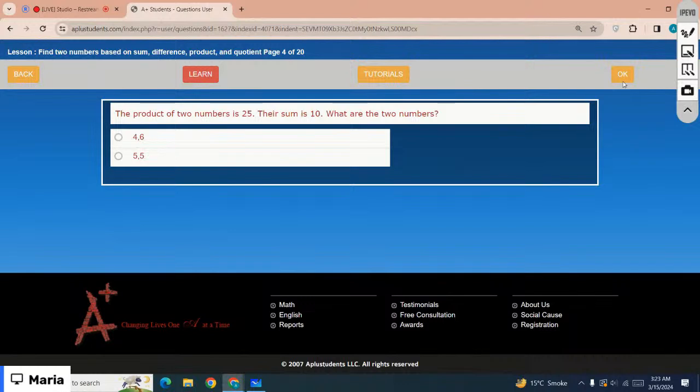Very good. Because 5 times 5 makes 25, and when you add them, the answer is 10. So the correct option is 5 and 5. Very good.